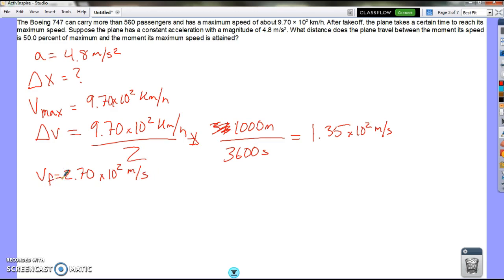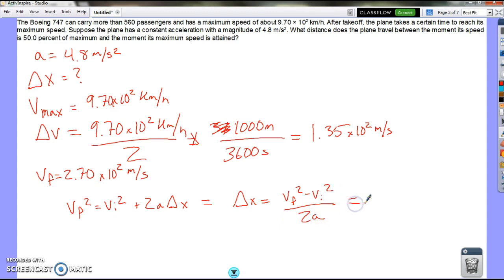And if we've got a delta x and an a and 2 v's, we know that we need to use the formula that vf squared equals vi squared plus 2a delta x. And if we plug all those in and solve for delta x, we can say that delta x is equal to vf squared minus vi squared divided by 2a, and that means that delta x is equal to 5.64 times 10 to the 3rd meters.